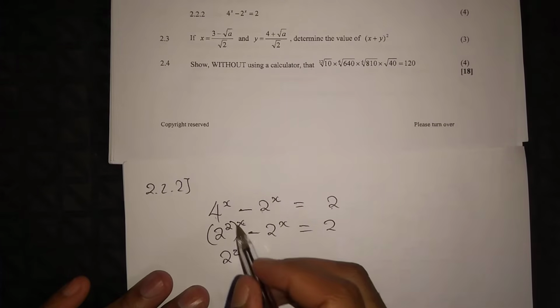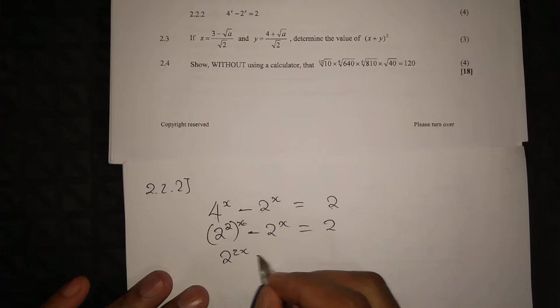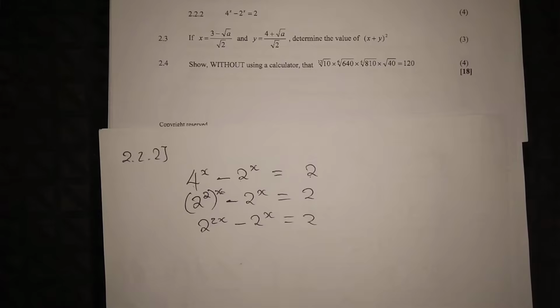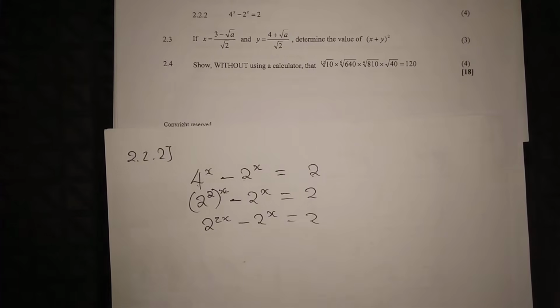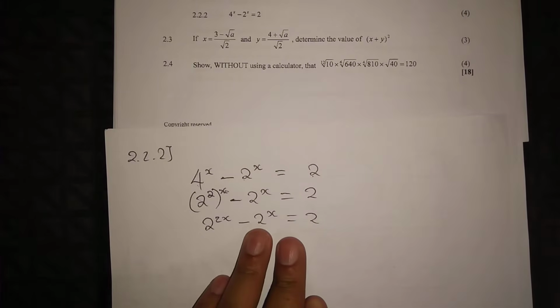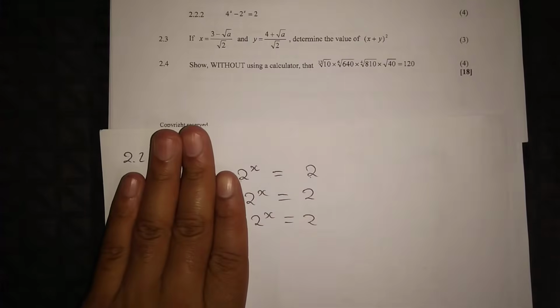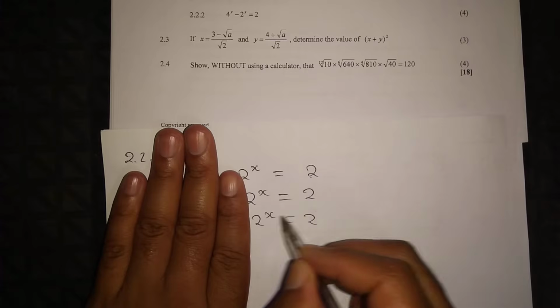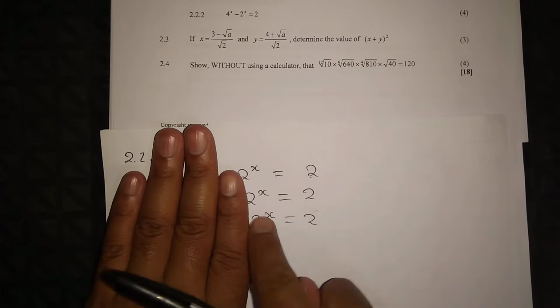Exponential law says, when we apply it, the exponents multiply, right? Okay, this is an exponential equation. If the bases are the same, we just drop the exponents, because we have a 1-to-1 ratio.